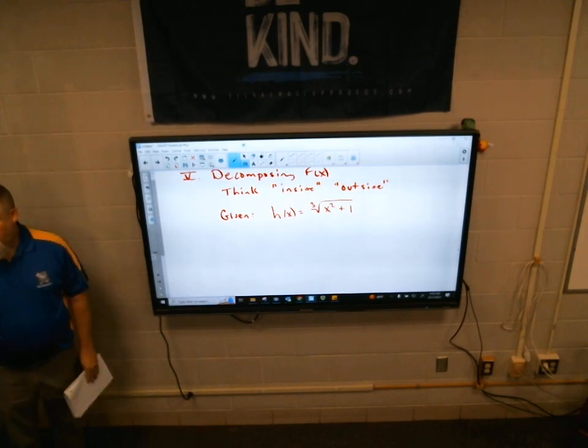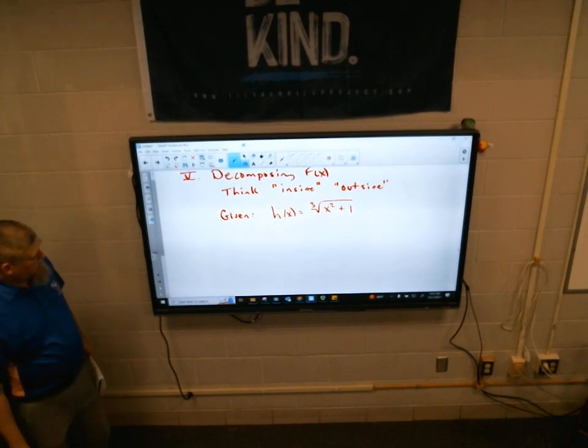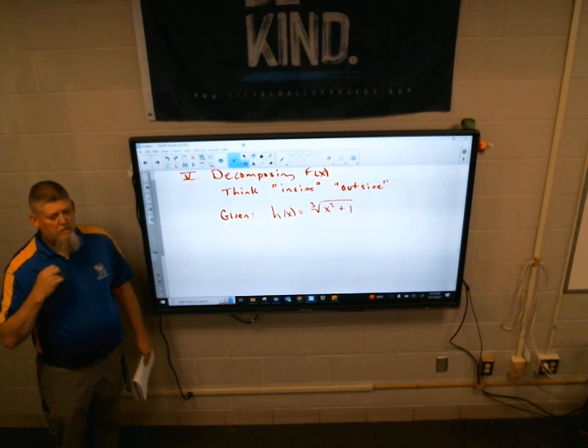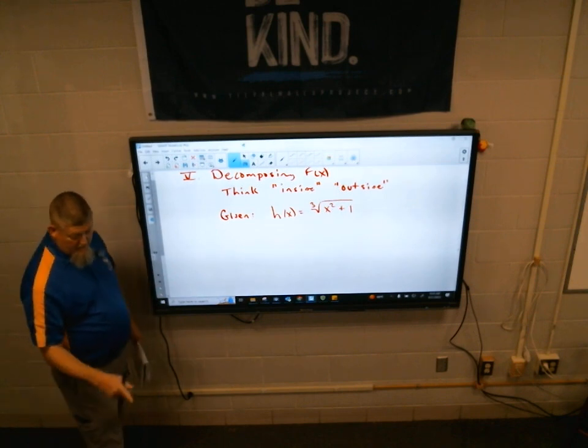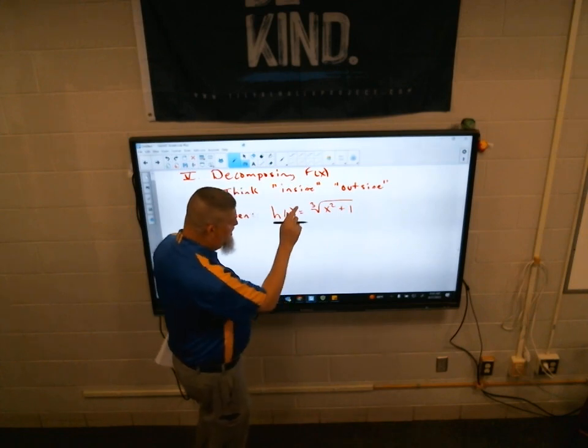What two functions do you see? Okay, so it's not a square, it's a cube. So we have a cubed root.